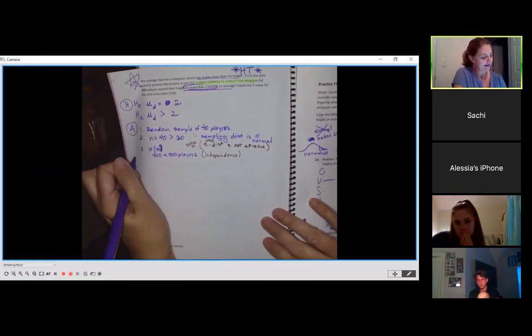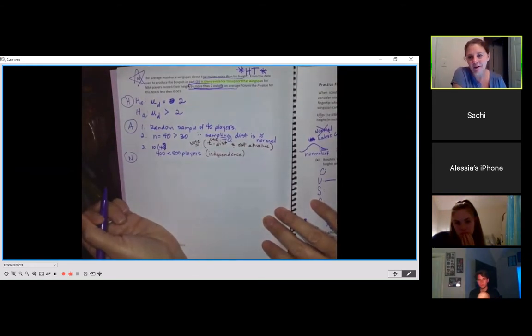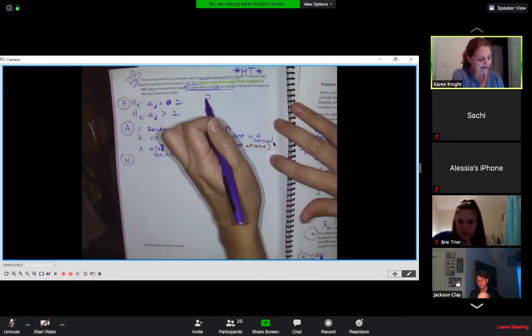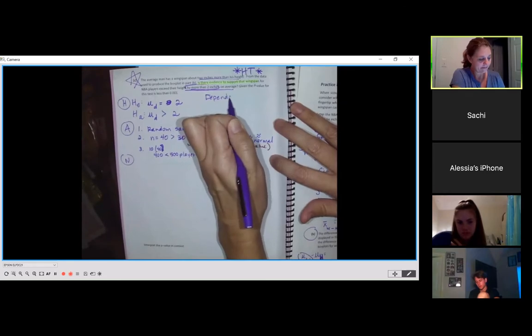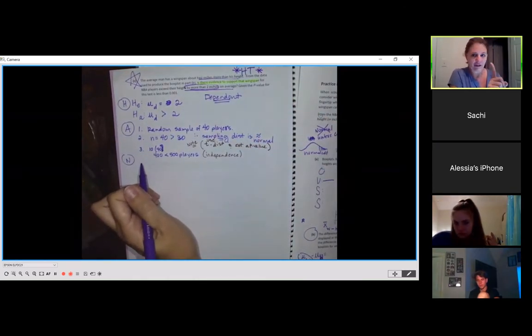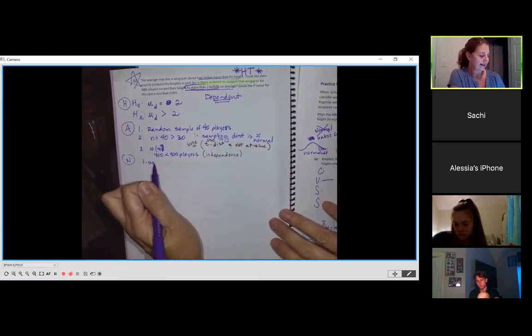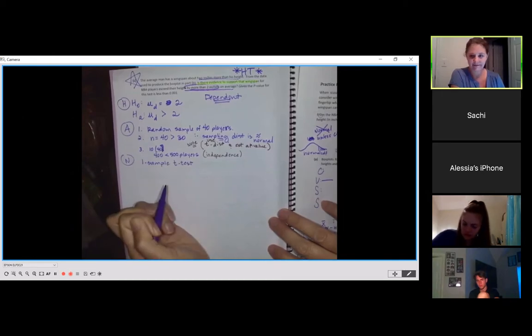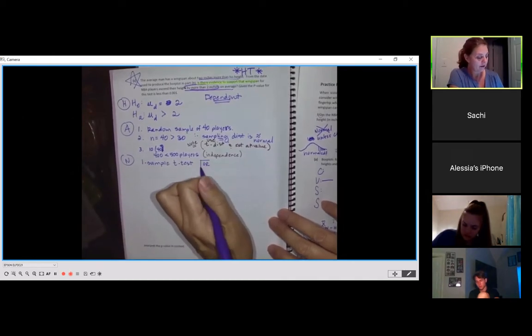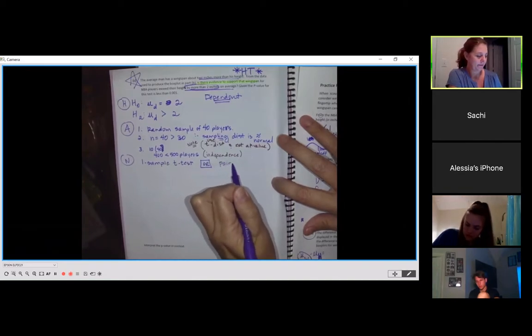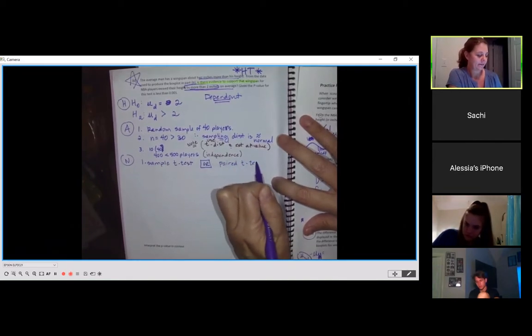Okay, N, name the procedure. Since this is dependent data, everybody's clear on that. You can either say it is a one sample t-test, or you can say that this is a paired t-test.